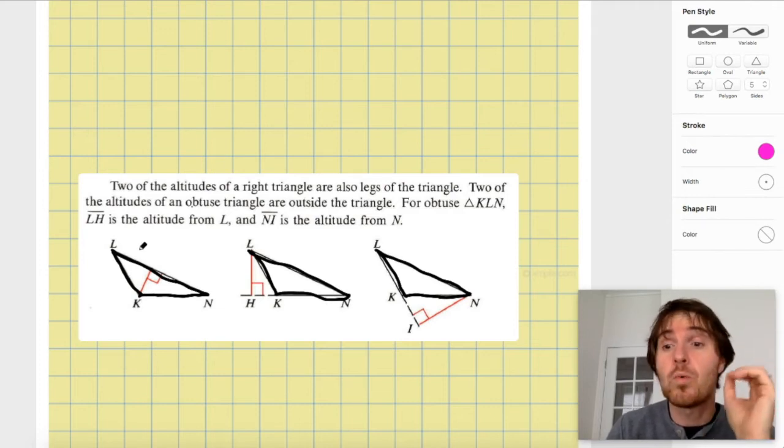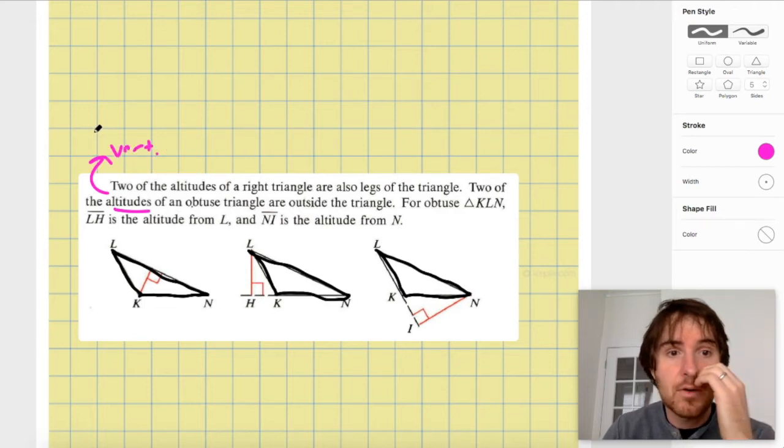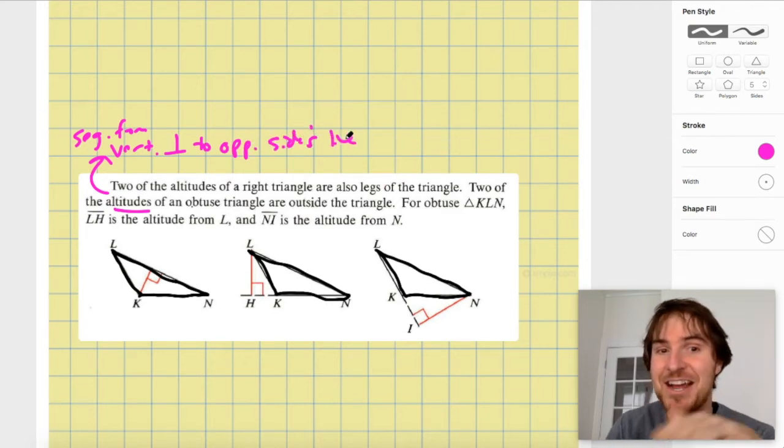So here, remember, what is an altitude? An altitude is a segment from a vertex perpendicular to the opposite side's line. Okay, opposite side's line. So wordy, right?